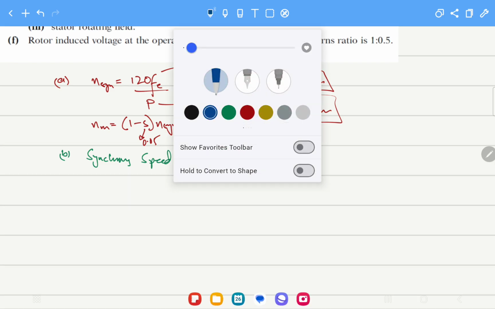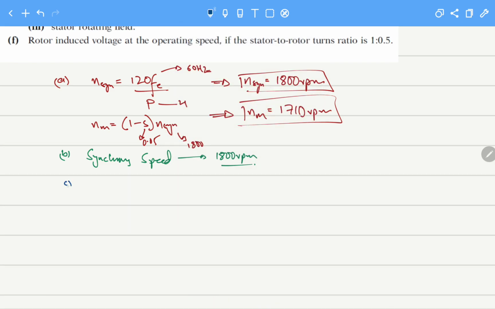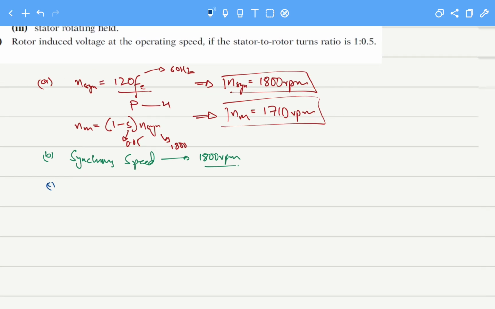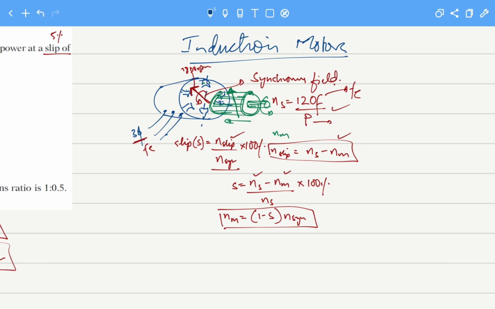Part C asks: what is the frequency of the rotor circuit? To calculate this, there is a critical formula that was covered in the theory class, but for understanding I can say that when the slip is 1, that is the maximum, which means that the rotor is not rotating, it is stationary, and the rotating magnetic field is rotating at its maximum.